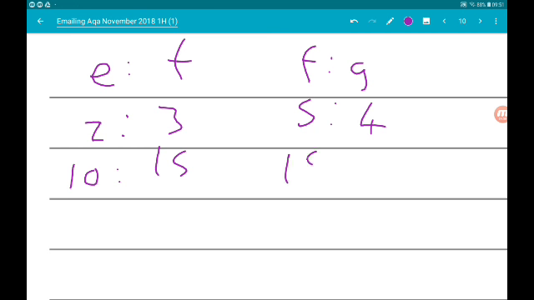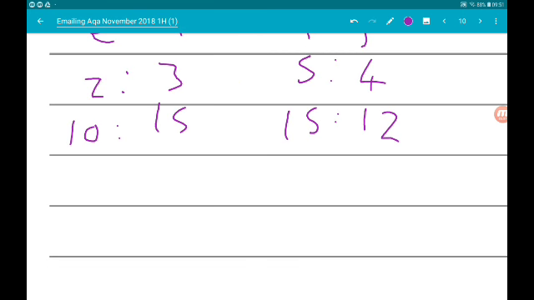So we get 15 to 12. So the whole ratio as a single thing, e to f to g, is 10 to 15 to 12.